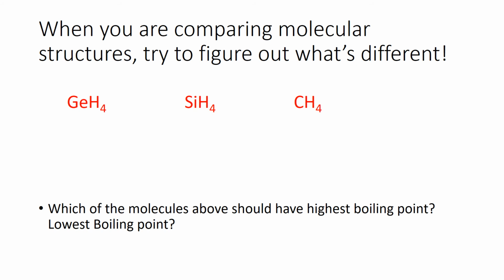Now, I do see hydrogen present in each and every one of these, but what that hydrogen is bound to, well, it's not nitrogen, it's not oxygen, it's not fluorine. These are not any of the atoms that are in that upper right-hand corner of the periodic table.